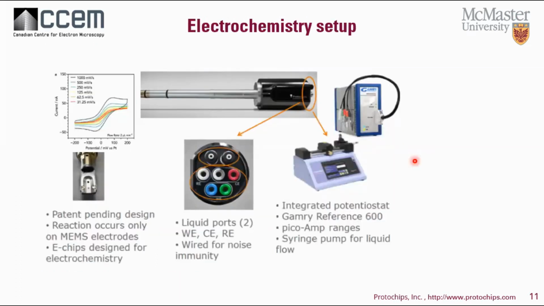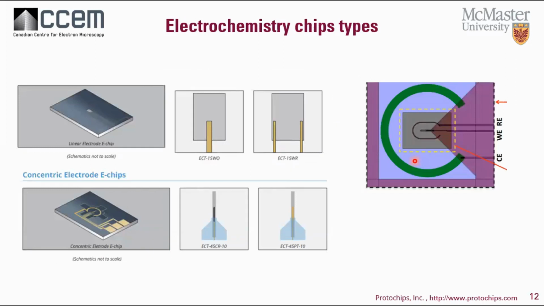The electrochemistry system is designed to resolve small currents while maintaining imaging and analytical data collection. The electrochemistry reactions are controlled with the use of a potentiostat, which measures and controls the voltage difference between the working electrode and the reference electrode. The electrochemistry chips come in a large variety of electrode geometry and materials.